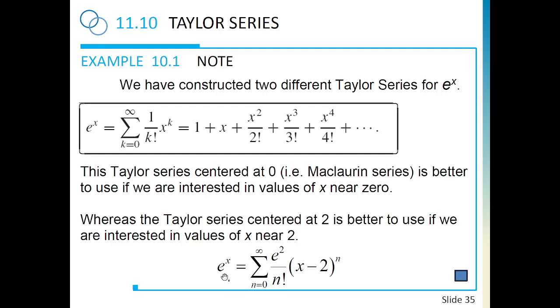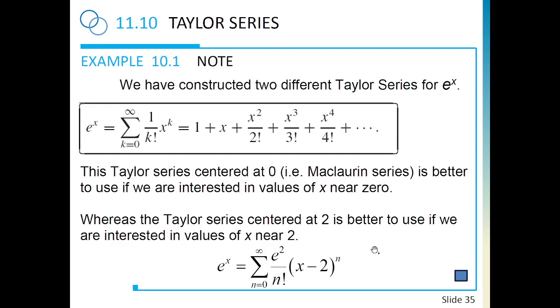If I want to find the value of exponential at 2.5 or 1.7, it is wiser to use this expression to get an approximation than to use the other one. Why? Because here I will need fewer terms. Maybe to get a decent approximation I need 3 or 4 terms. With the other, maybe I need 10. So basically that's the general idea.